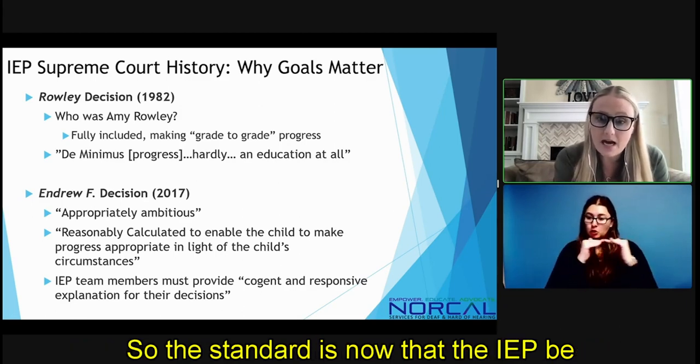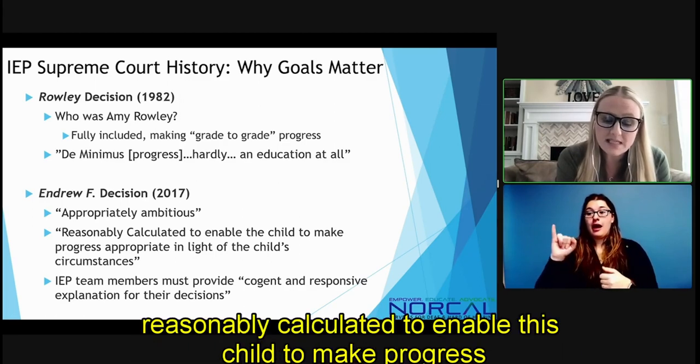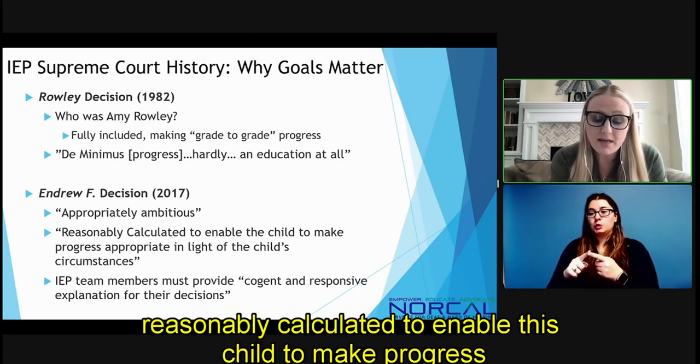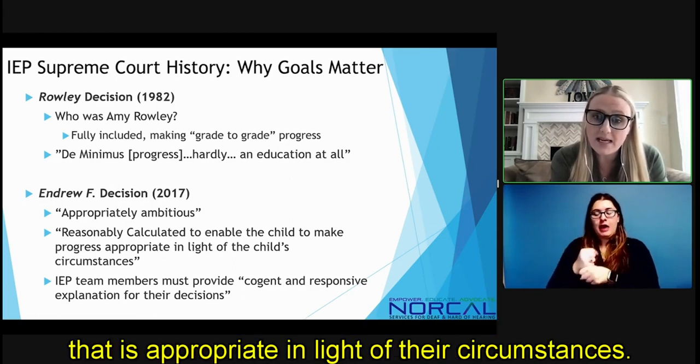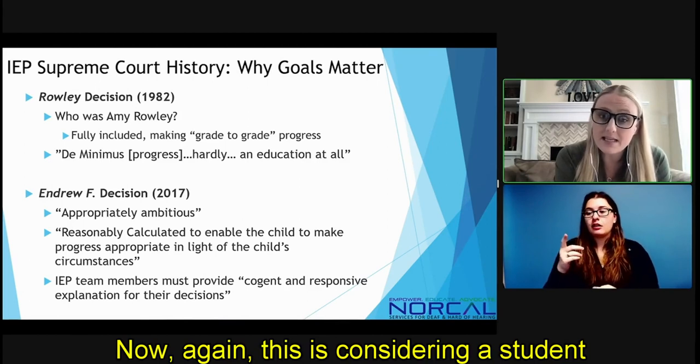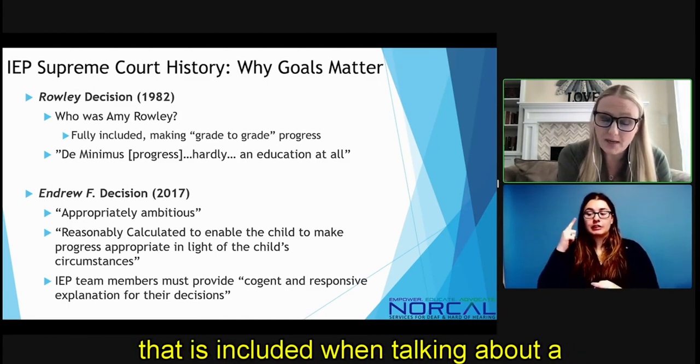So the standard is now that the IEP be reasonably calculated to enable this child to make progress that is appropriate in light of their circumstances. Now, again, this is considering a student that is included.